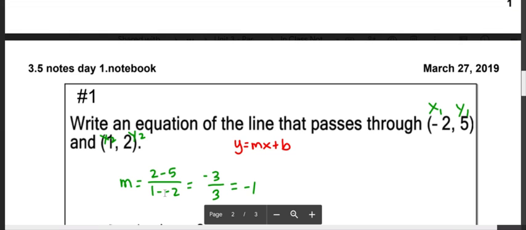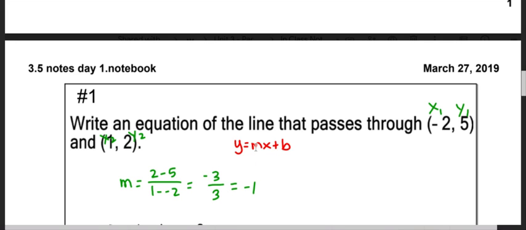So we get that double negative, it'll become a positive. So 1 plus 2 on the bottom will give us 3. And 2 minus 5 on top gives us negative 3 over 3, which is negative 1. So negative 1 is our slope. That will go in for m.